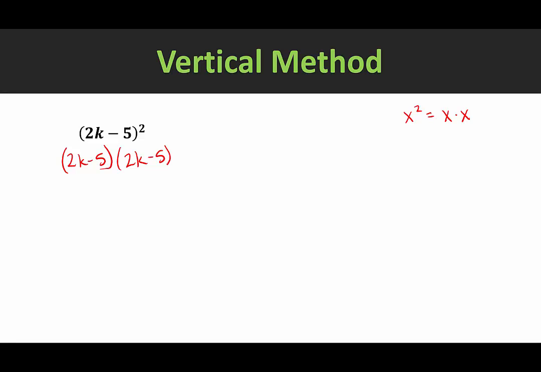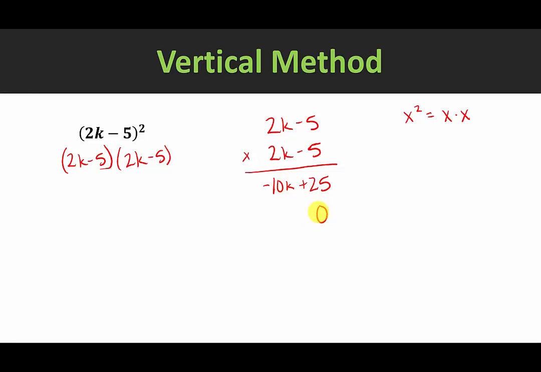Now you have your binomial times your binomial. Do the same setup. So 2k minus 5 and 2k minus 5 multiplied. Negative 5 times negative 5 is a positive 25. Negative 5 times 2k is negative 10k.